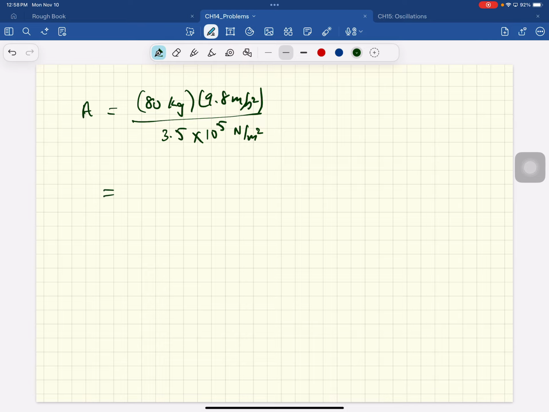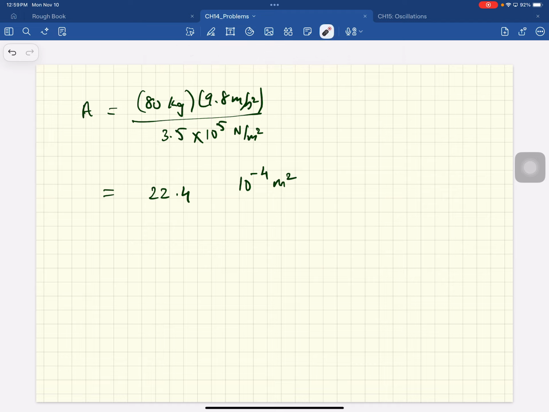So this is 8. I'll take that 10, make that 10 to the 4. That comes to the top, becomes 10 to the minus 4 meters squared.